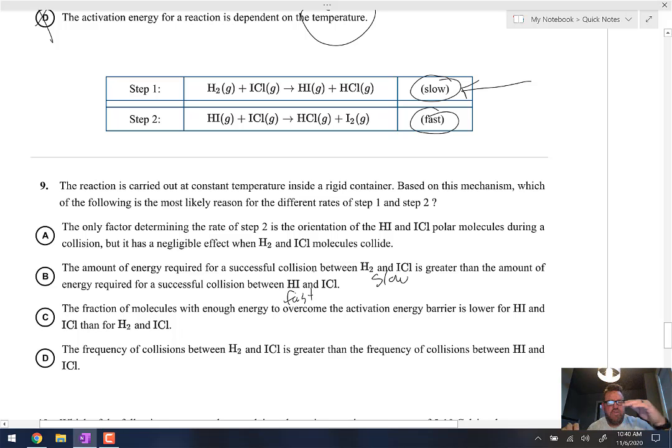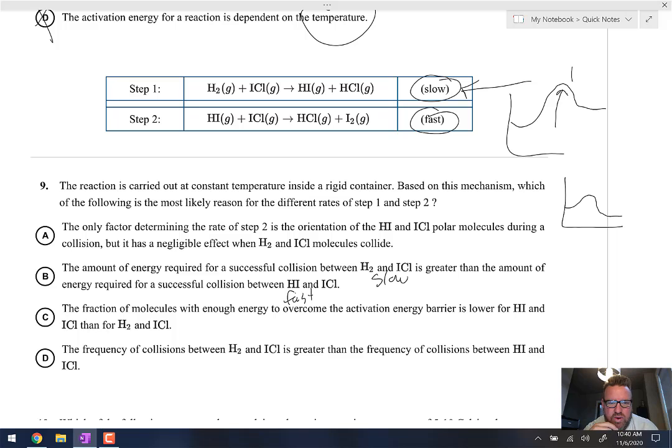If the first step requires more energy, so that activation energy, basically remember to get over that hump, if it's higher versus, let's say this is step 1, and then in step 2, it's much lower, then absolutely, if it takes more energy to get up over that activation energy barrier, that can be a reason why that reaction is slower.